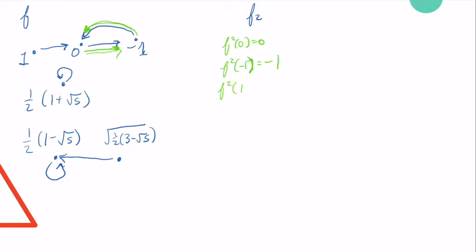F2 of 1 would mean 1 first, when I applied F once, maps to 0, but now that I'm doing it again, it's going to go to -1. We can do the same thing with our more complicated looking elements.